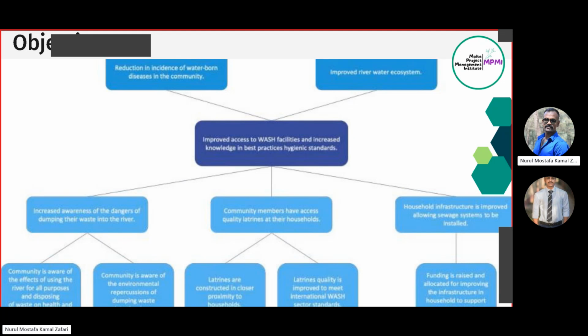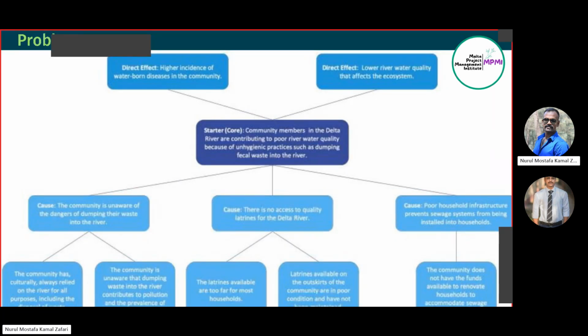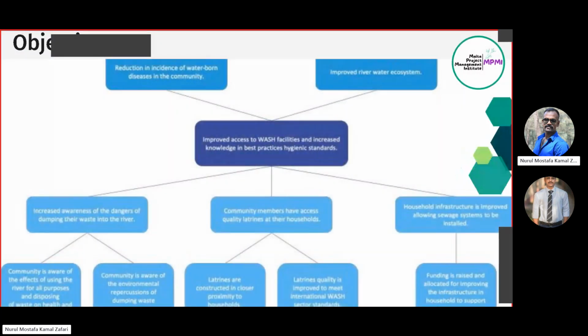Now objective tree. So what is the core cause? The core cause is that Delta River people have unhygienic practices and they were dumping waste in the river. Now the solution objective. What is our objective?